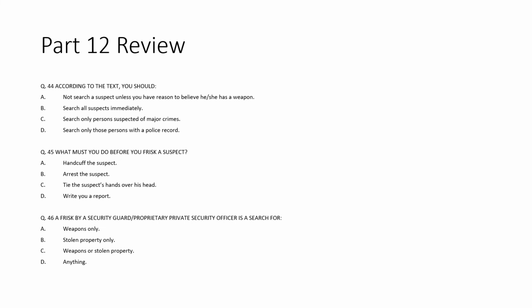A. Handcuff the subject. B. Arrest the subject. C. Tie the suspect's hands over his head. And D. Write your report. Question 46. A frisk by a security officer, proprietary security officer, is a search for A. Weapons only. B. Stolen property only. C. Weapons or stolen property. D. Anything.